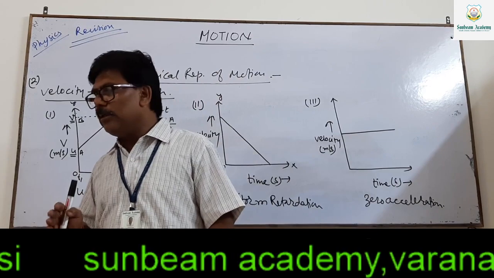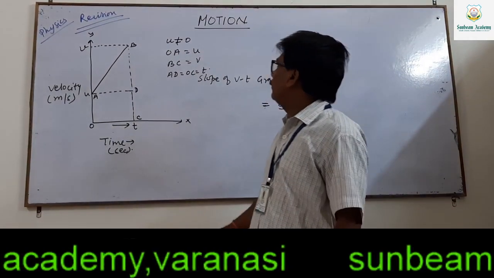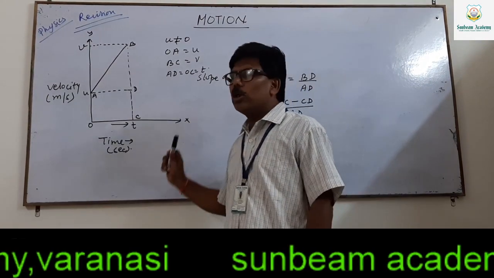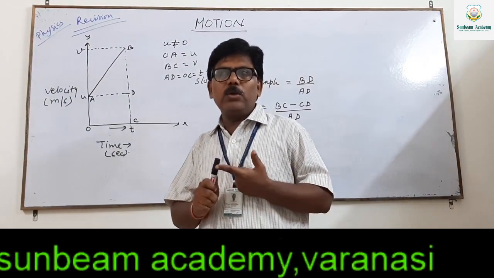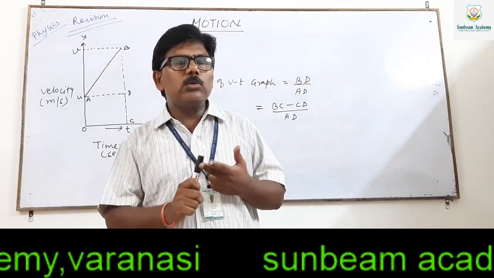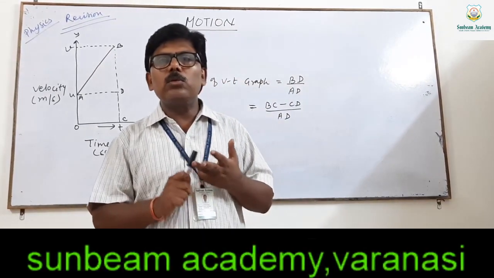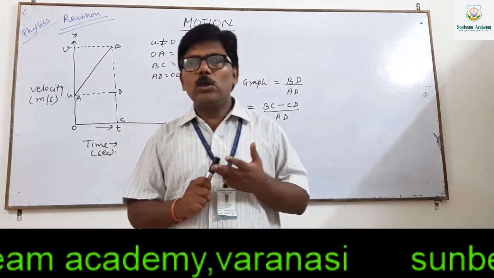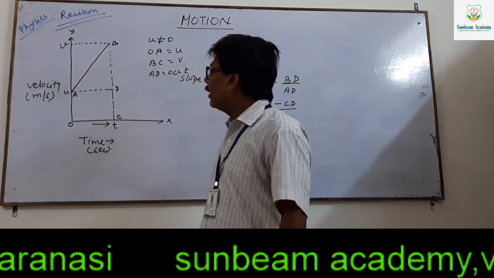Now students, the three equations of motion you have learned are V equal to U plus AT, S equal to UT plus half AT square, and third is V square equal to U square plus 2AS. How to derive these equations with the help of the graphical method?